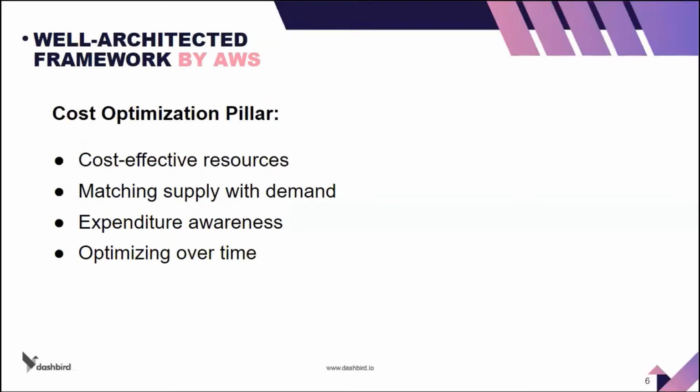The motivation for this webinar was that one of the pillars of the Well-Architected Framework by AWS is the cost optimization pillar. It basically guides us through 4 different areas that we need to be aware of in order to have cost-effective cloud architectures. It's obviously choosing the most cost-effective resources for the jobs that we need to get done, matching supply with demand, so making sure those resources have enough capacity to meet demand, but not more than is really required, which would lead to waste.